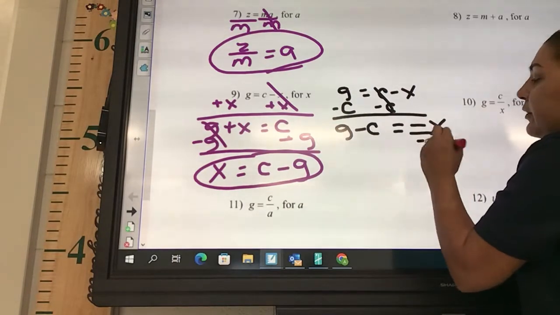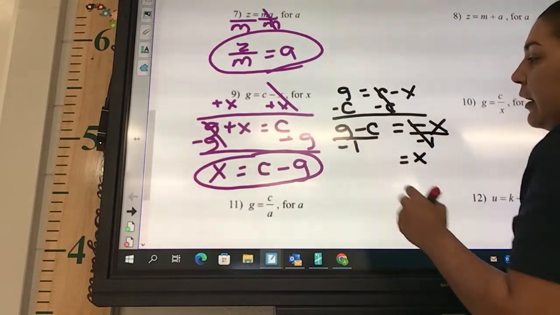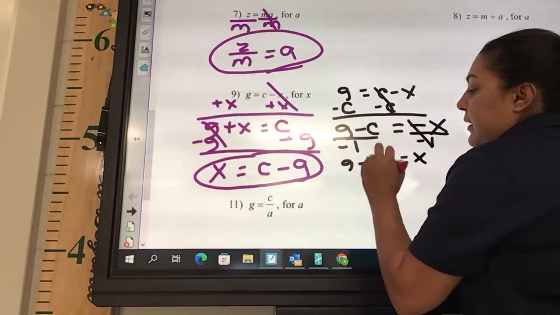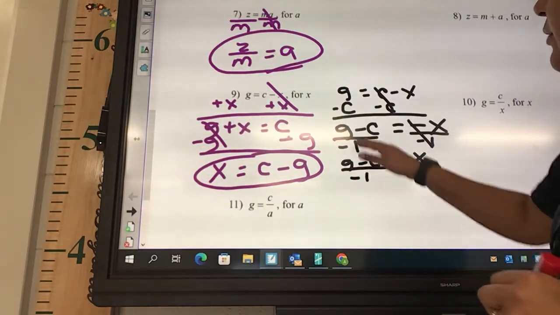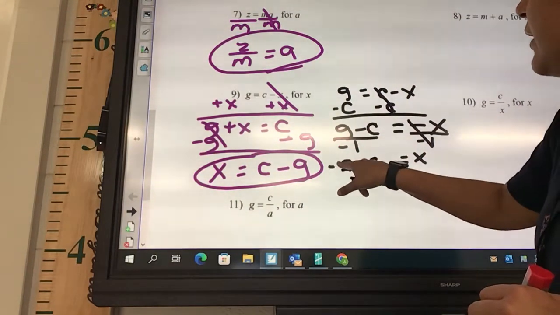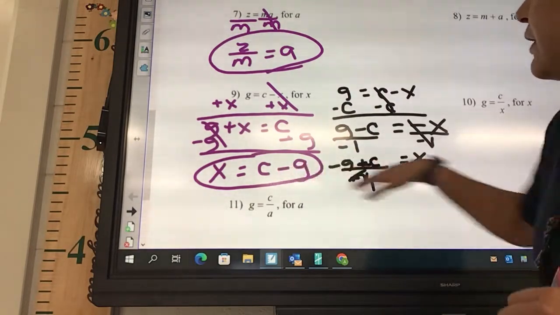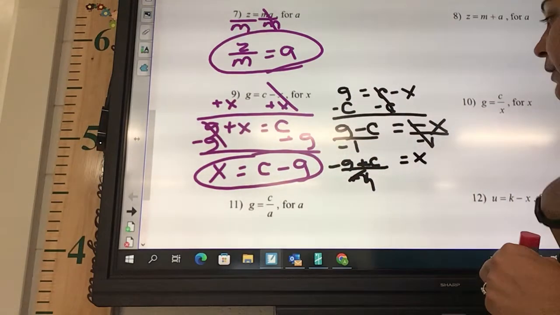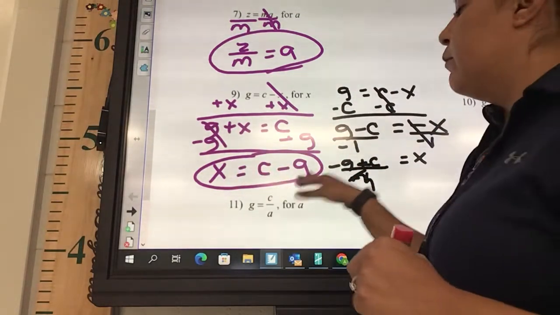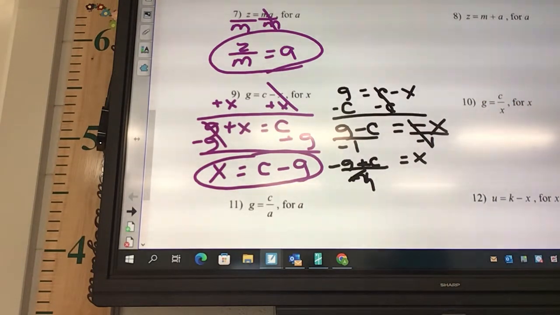You can still do this, so X equals G minus C over -1, which is the same as putting the negatives with the stuff, a negative G and a positive C. But personally I think that's more confusing, whereas if you move the stuff around, that's okay. As I've always said, either way works as long as you get the right answer.